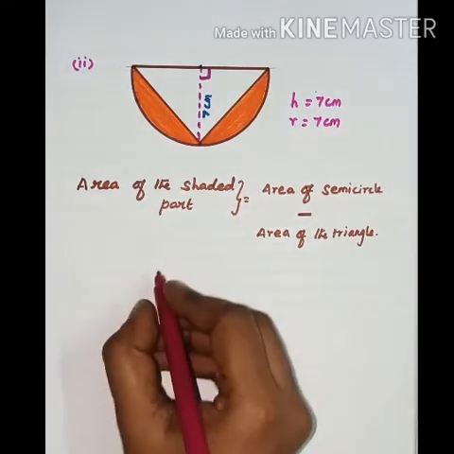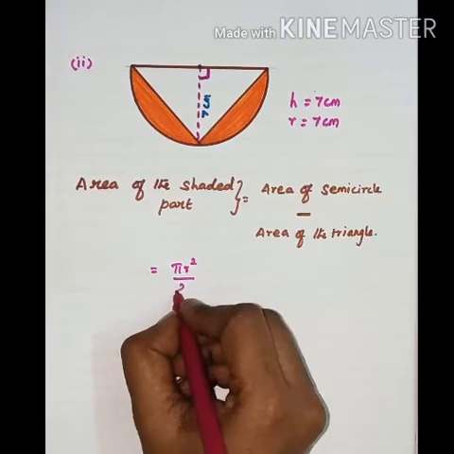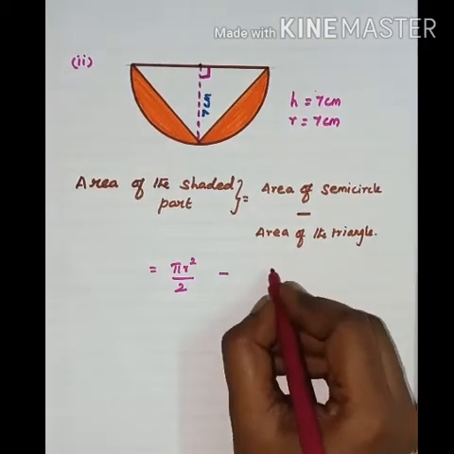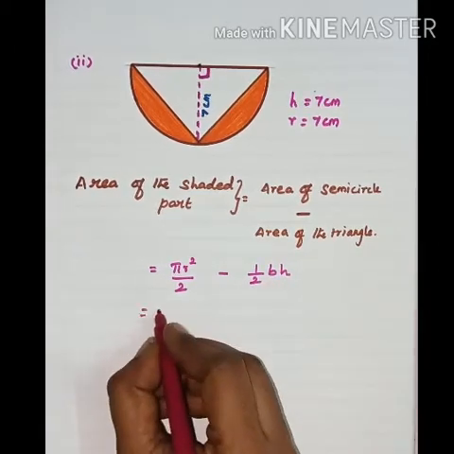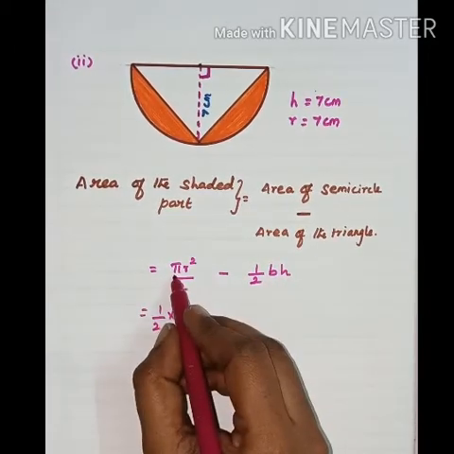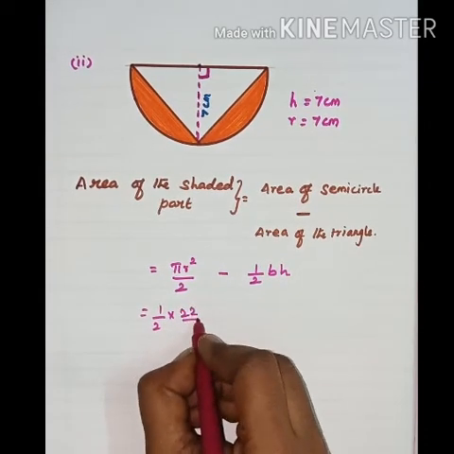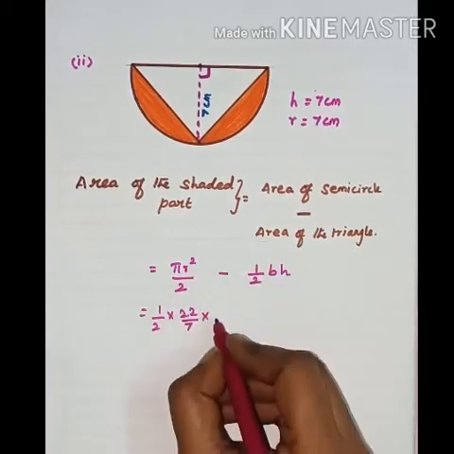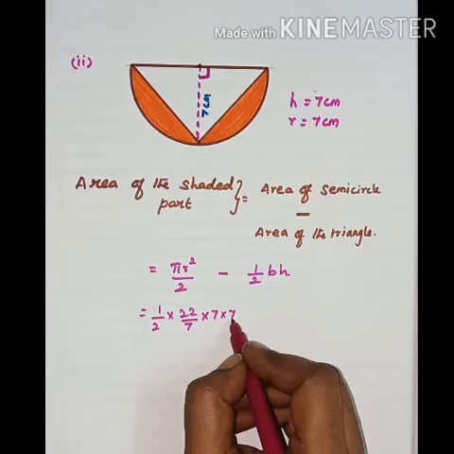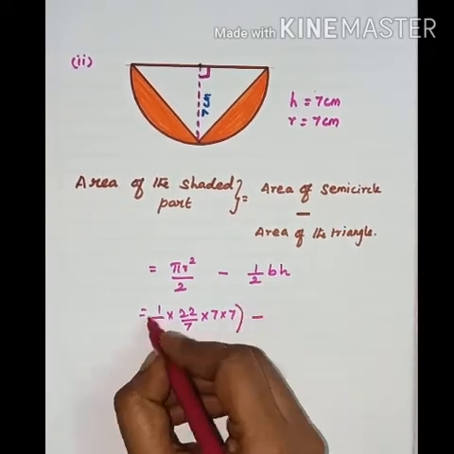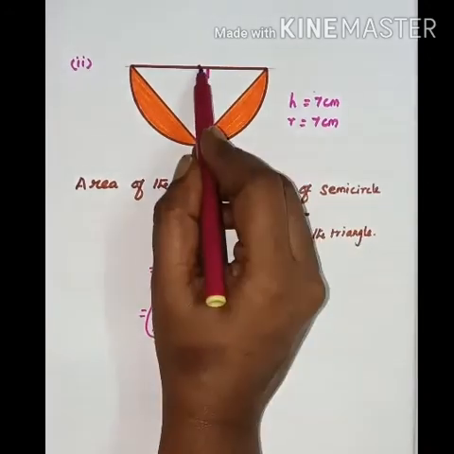We know that area of the semicircle is pi r square by 2 minus area of the triangle is half BH. 1 by 2 into pi value, here we will take as 22 by 7, R square is 7 into 7, minus half into breadth.